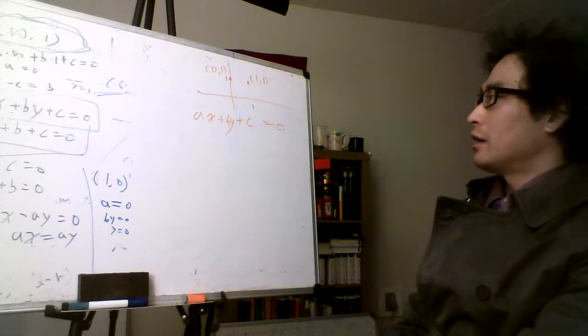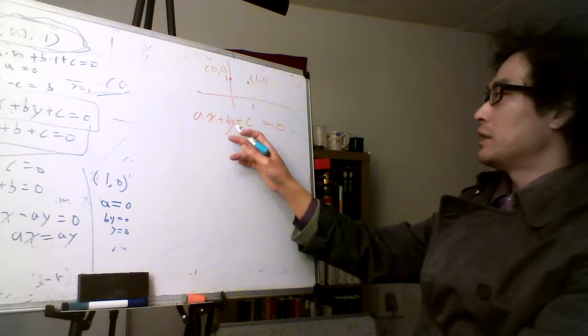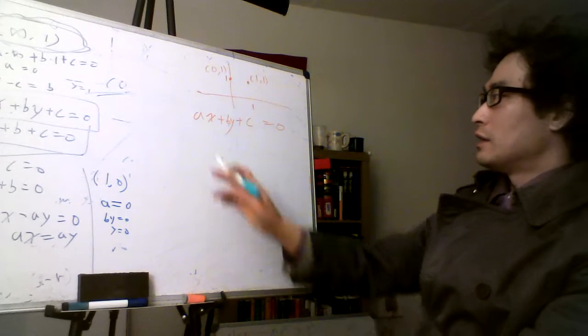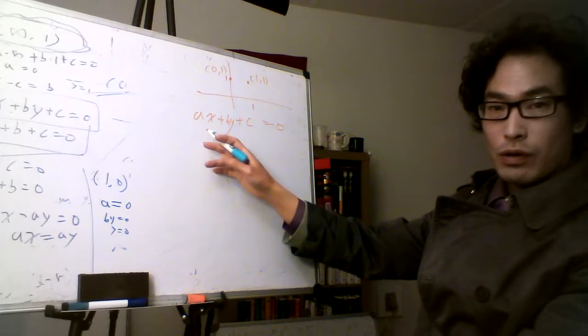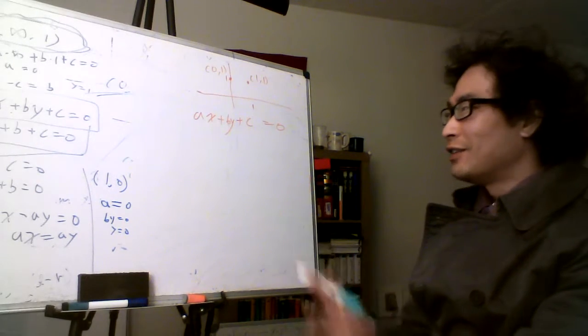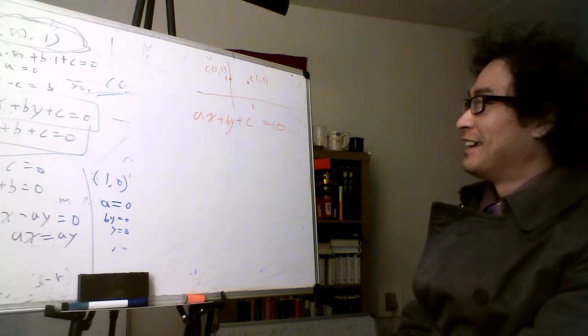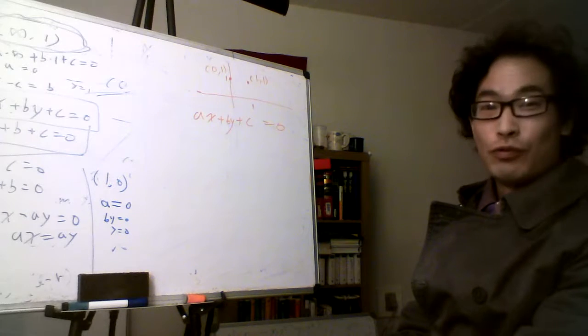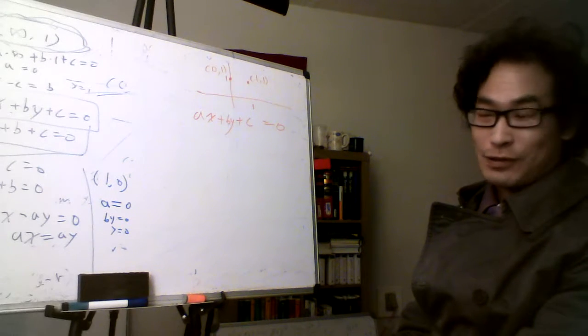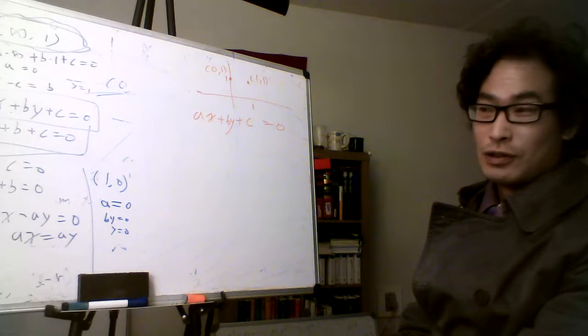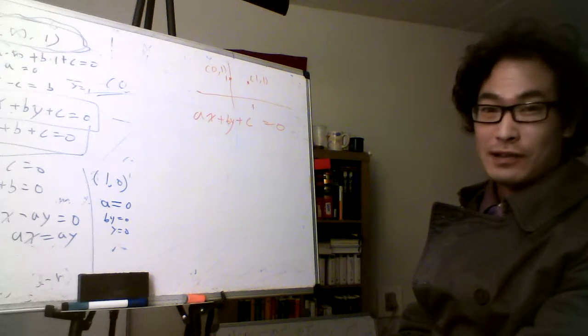By the way, we have to use ax plus by plus c because this a can be 0, and traditionally we cannot divide by 0, right? But later on we will be able to, okay, because we're going to define brand new rules for how to divide things by 0.